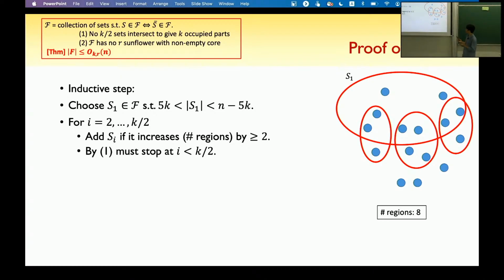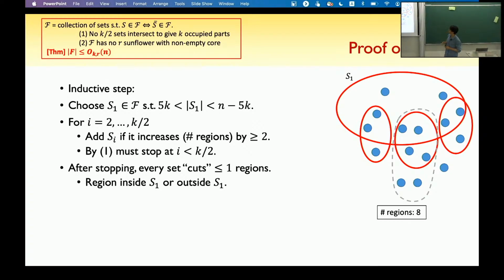So we added 4 sets and got 8 non-empty regions in this Venn diagram. This is how we added sets. Since we have the first forbidden substructure, we know that no k over 2 sets should give you at least k non-empty regions in the Venn diagram. So this process must stop strictly before k over 2. That's guaranteed.